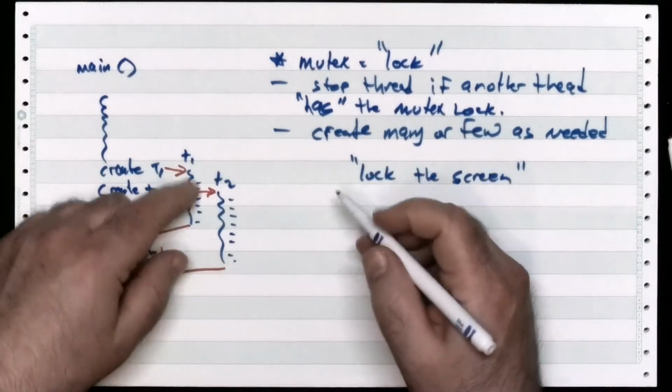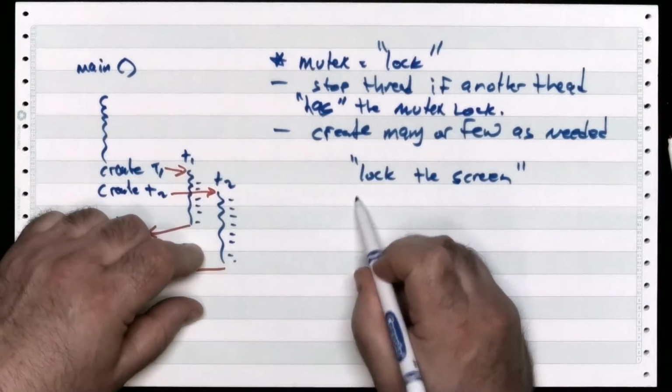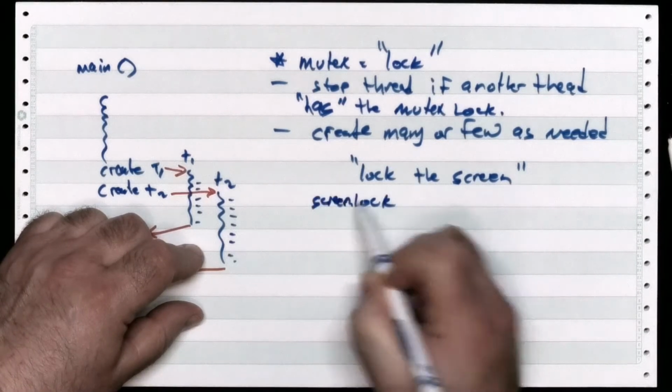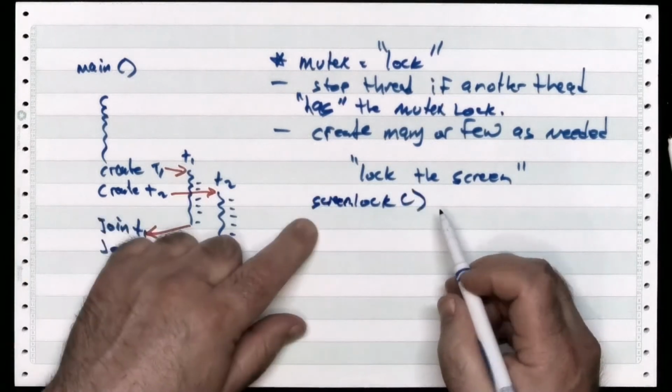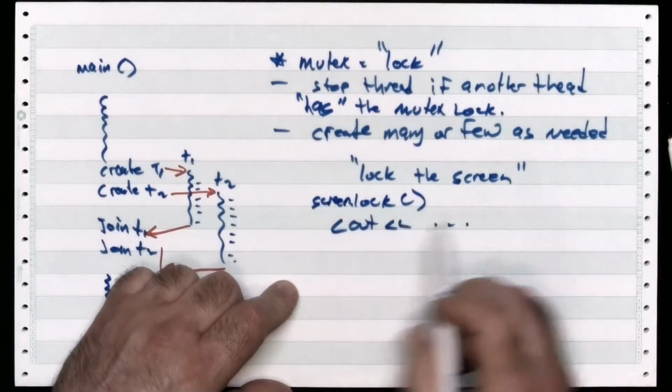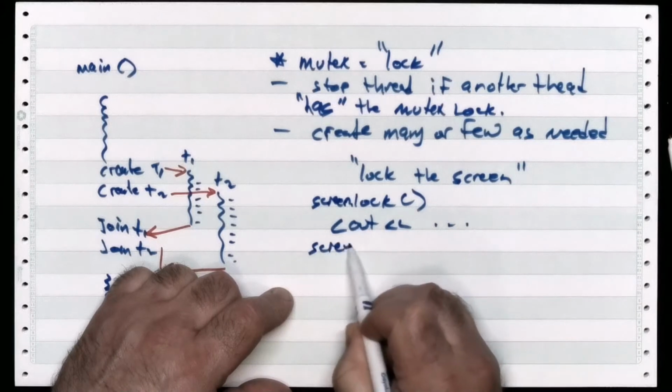So the logic here looks something like this: screen lock, then we'll print, cout blah blah blah, and then screen unlock.